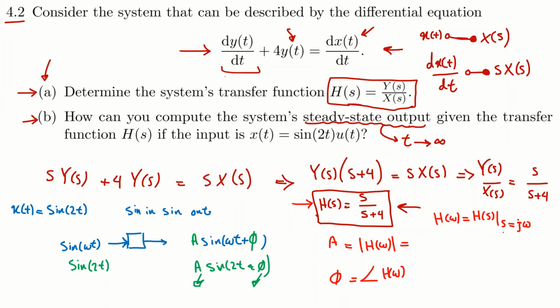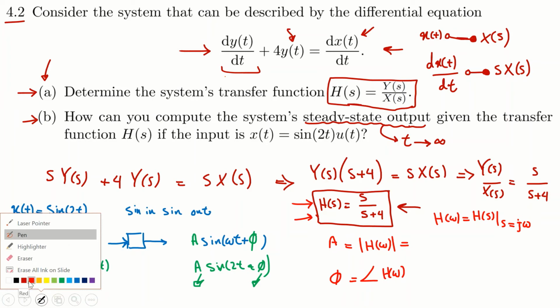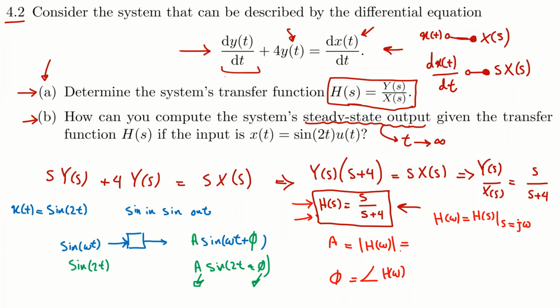Okay, so that means if I replace s by j omega in this function, we can find the frequency response, and that's the relationship between frequency response and transfer function. So that means A equals the magnitude of H(omega), or the magnitude of the transfer function, given that s equals j omega.